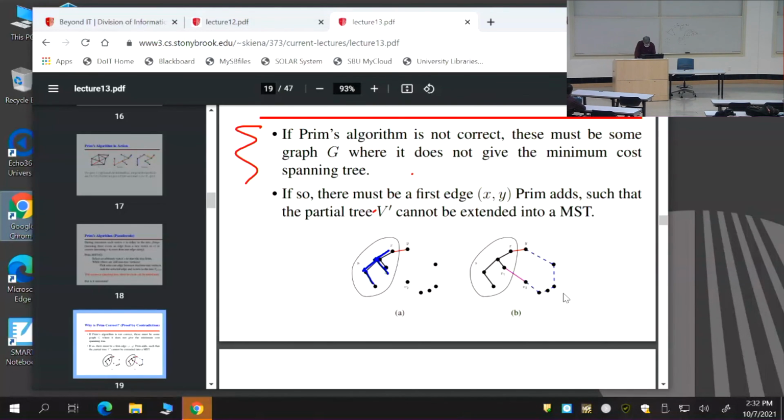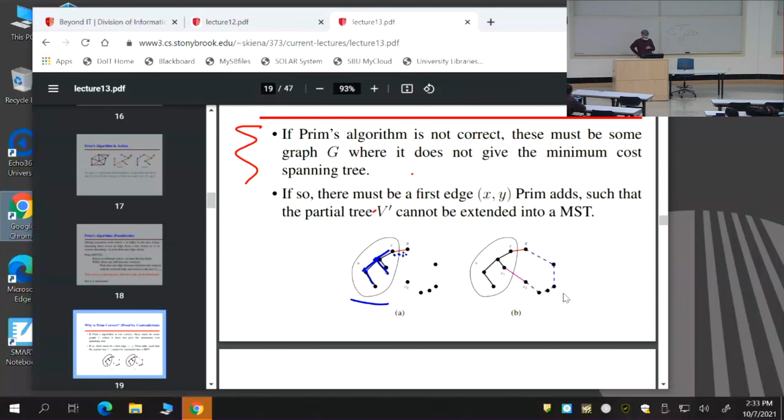And at some point, the algorithm is going to say, eh. What does that mean? It means so far what I built was in a minimum spanning tree, but this is where you went wrong. Recognize that if Prim's algorithm is incorrect, when I'm adding edges, there's going to be some point where, what I have added, there's no possible way to make a minimum spanning tree from it.